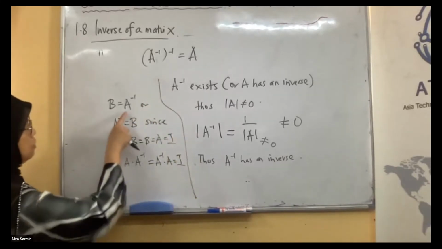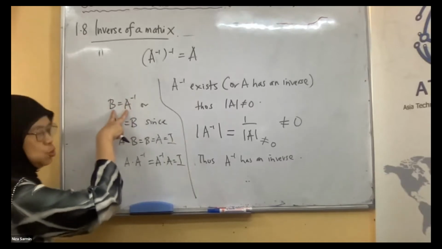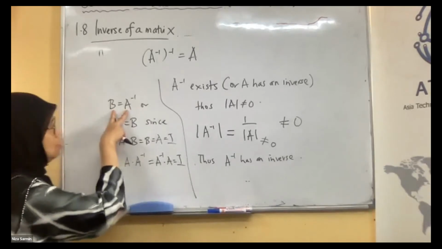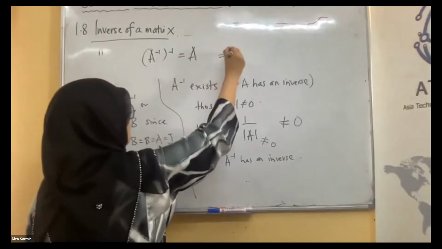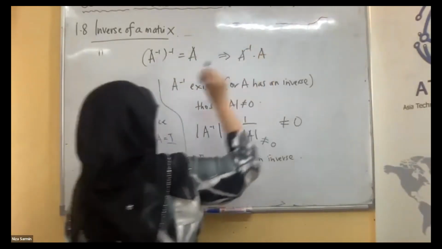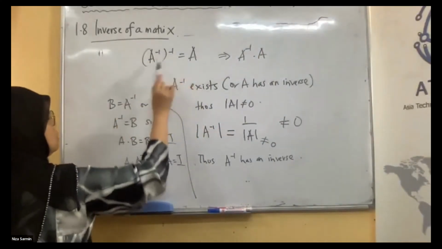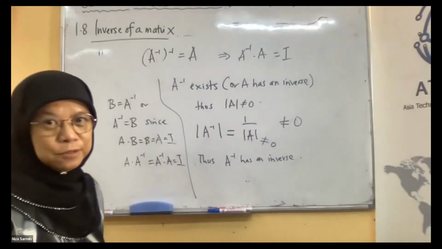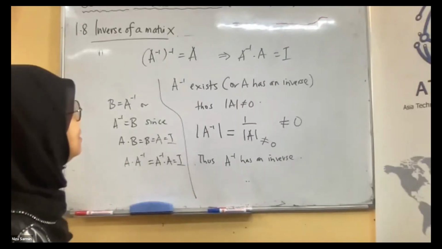My point is, if you have something like this, something and something inverse, you multiply these two. You want to see whether it's I or not. So now, this inverse is A. So we check: A inverse times A, this is this, multiplied by this is I. The proof is just straightforward, but it is the proof.